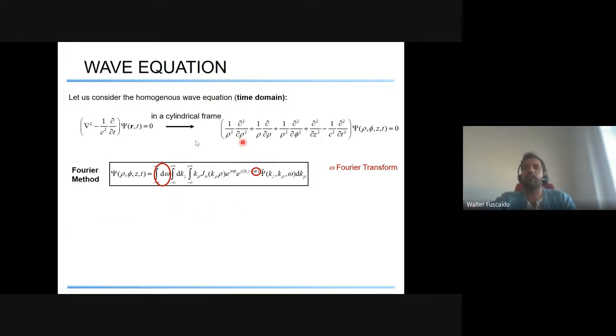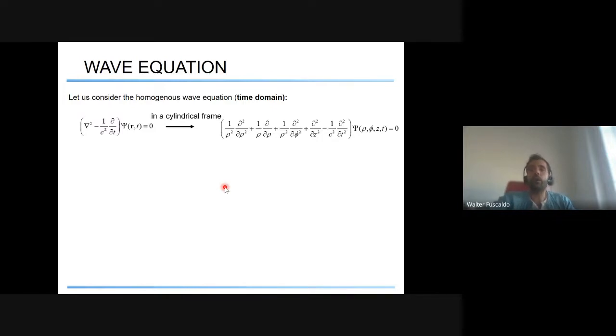Basically, this generic solution to the wave equation in a cylindrical reference frame is represented in terms of three types of transform: two Fourier transforms, one with respect to the angular frequency, one with respect to the longitudinal or vertical wave number, and the Hankel transform in terms of the radial wave number.